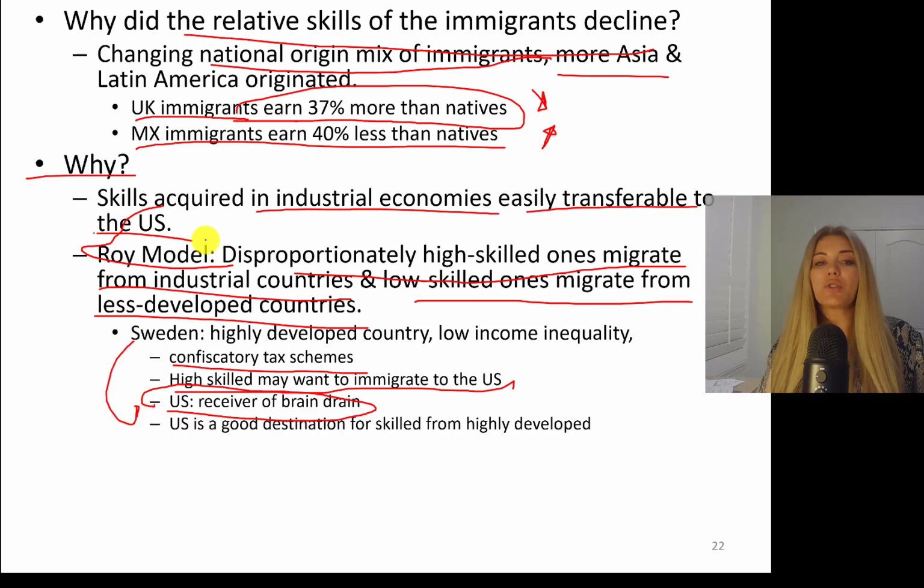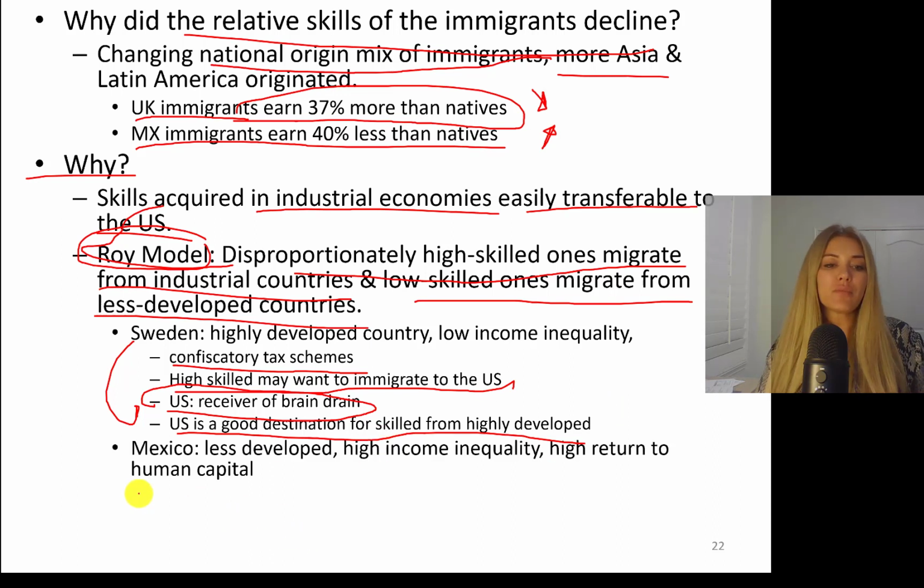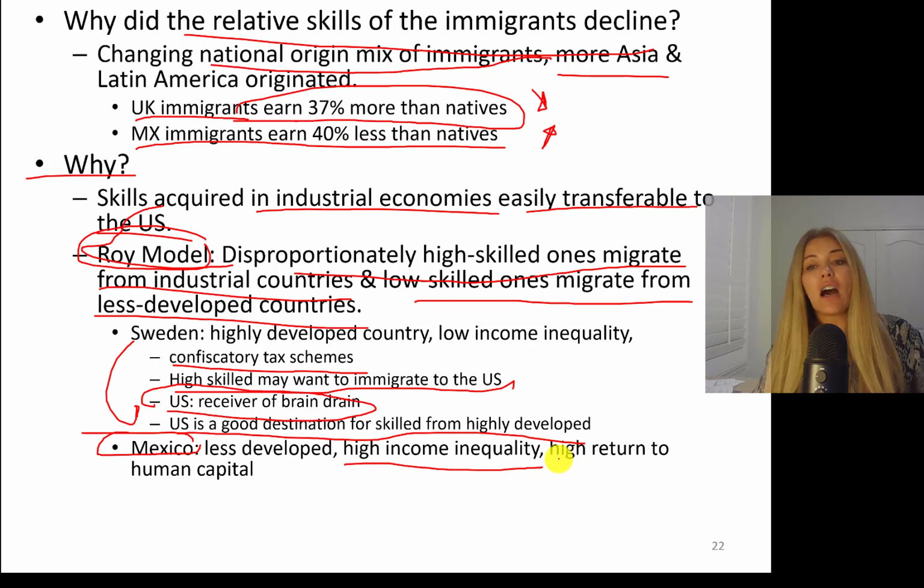According to the Roy model, which we'll study in the last part 5, the US is a good destination for skilled people from highly developed countries such as Canada, Britain, Germany. Mexico, and Turkey, my home country, are in the same group too, less developed countries. There is high income inequality in those countries. There's a high return to human capital in those countries, okay?